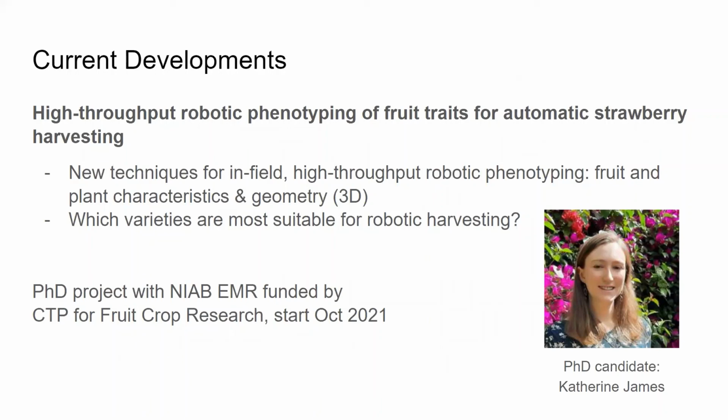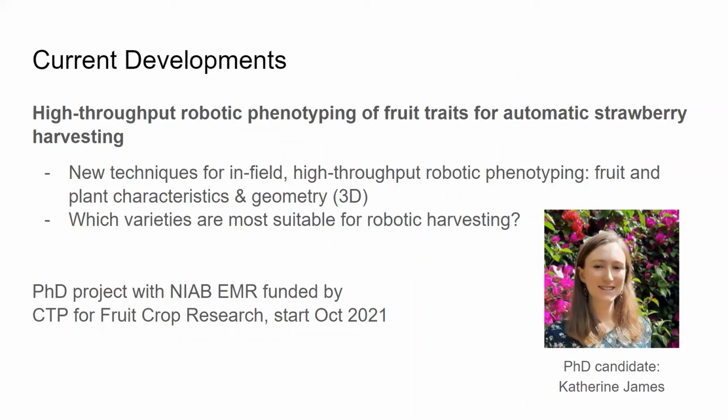In general, strawberries are easier to pick when they are not in clusters, but obviously if you've got clusters, then you've got more yield from your strawberries. So Catherine is going to look at which specific traits and which specific varieties of strawberries will be suitable for easier picking by the robots.